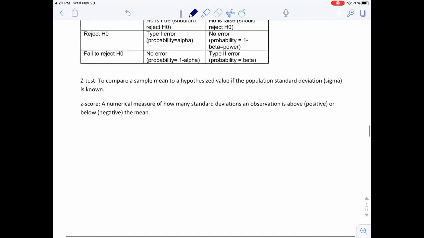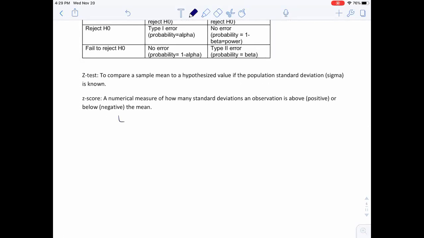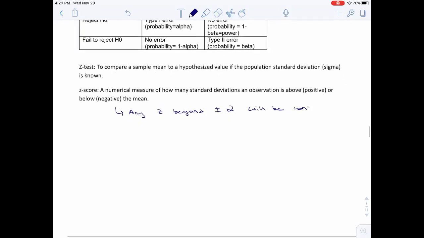Okay? And so any z beyond plus or minus 2 will be considered extreme.